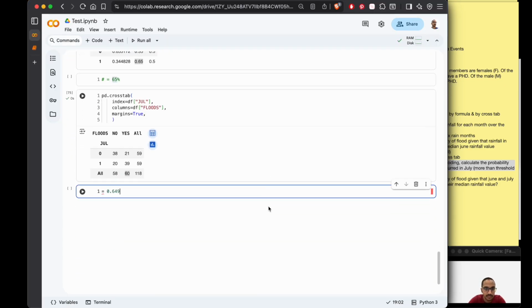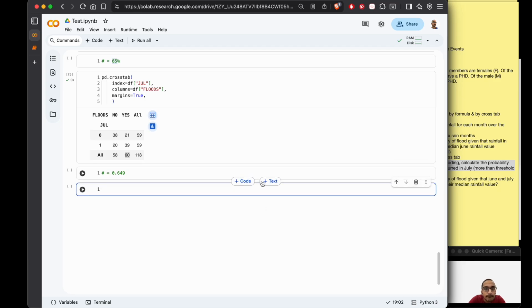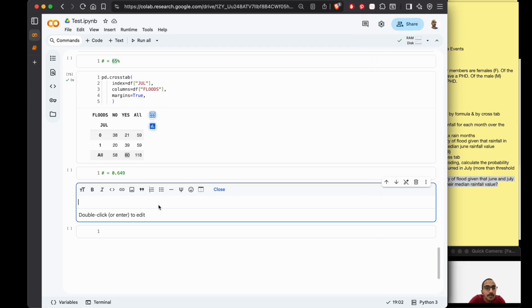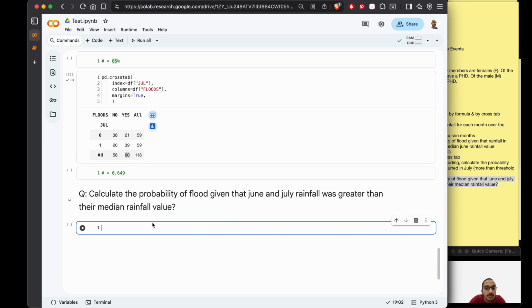Now let's look at the next question. The final question. What are they asking? Calculate the probability of flood. So we have to calculate flood given that June and July rainfall was greater than their median rainfall value.